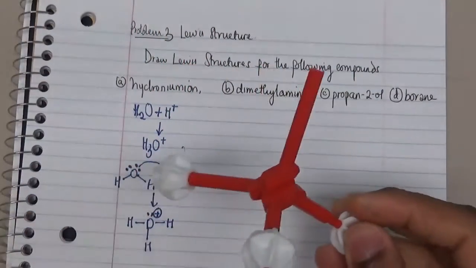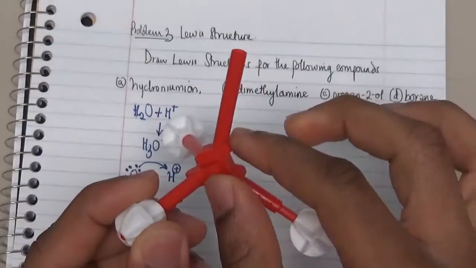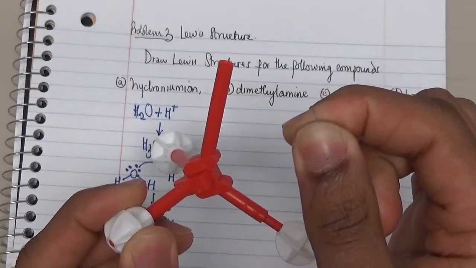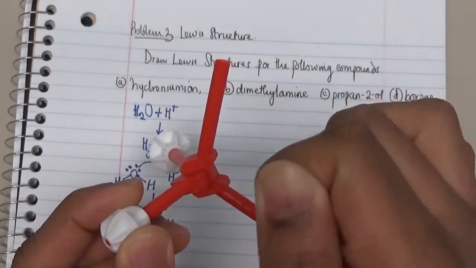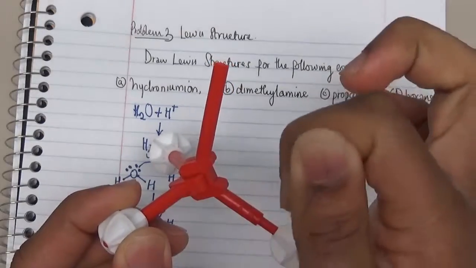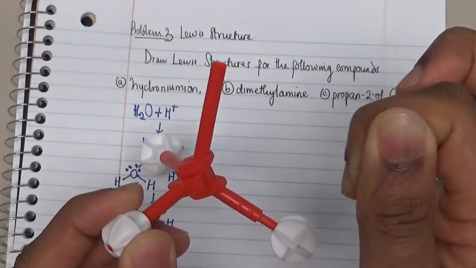The reason we have a positive charge is that the oxygen that was once neutral is losing a lone pair of electrons. If you lose a lone pair of electrons, you form a positively charged species.